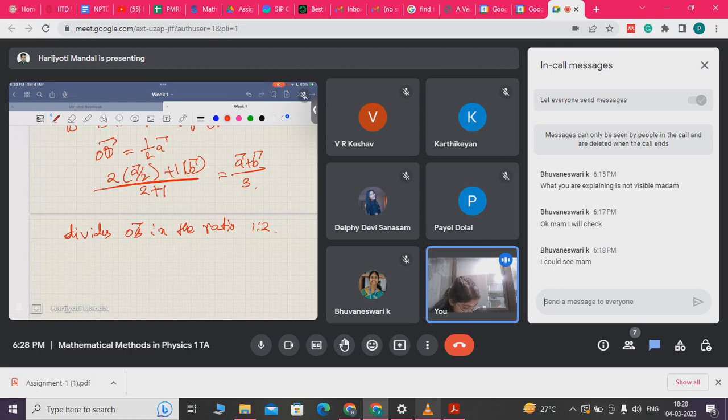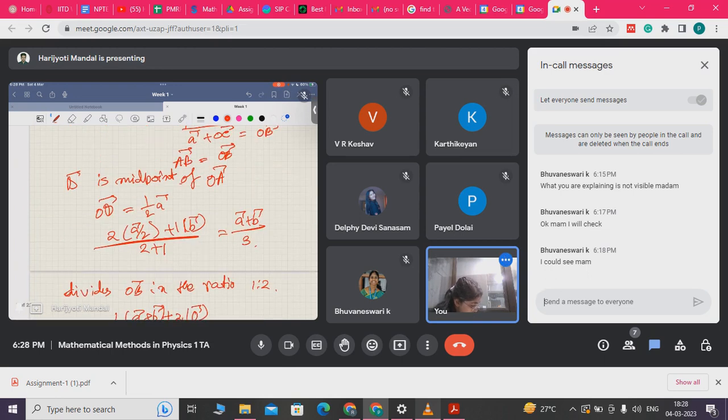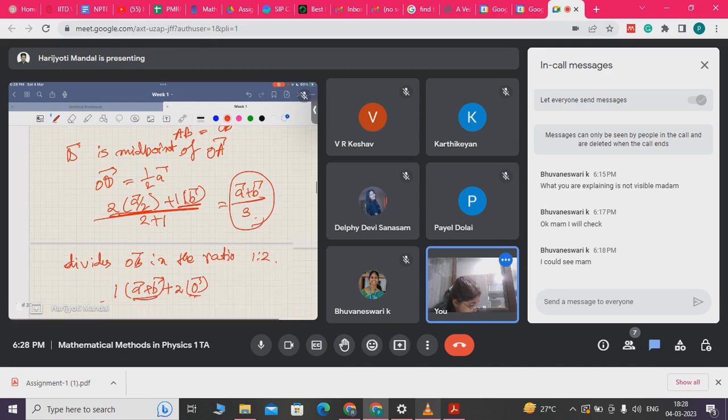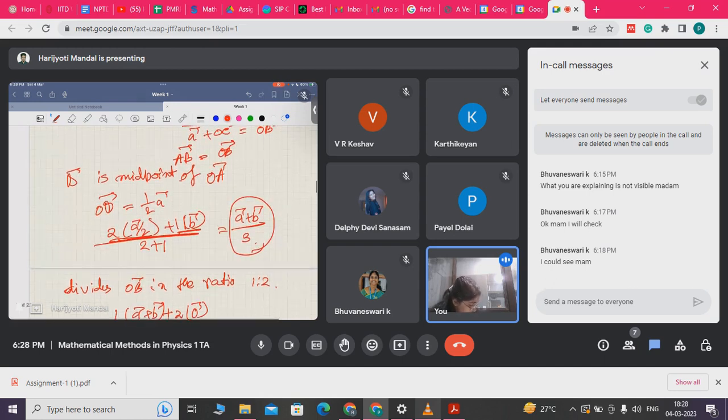Any point which divides OB in the ratio 1:2 is (1/3)(A plus B), since the position vector of O is 0 and the position vector of B is A plus B. Same for the point which divides CD in 2:1, where the position vector of C is B and the position vector of D is A by 2.